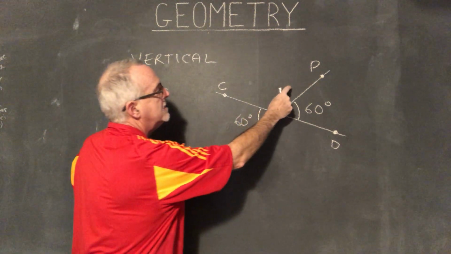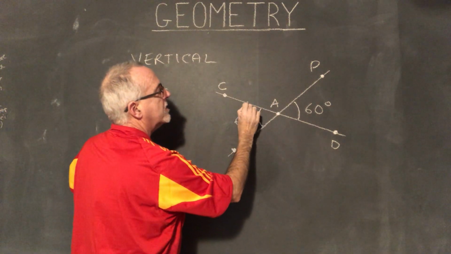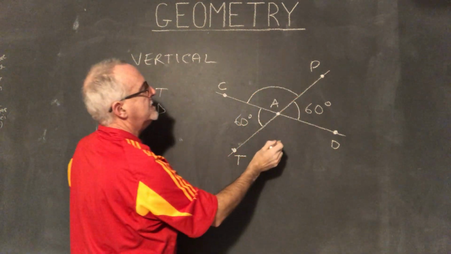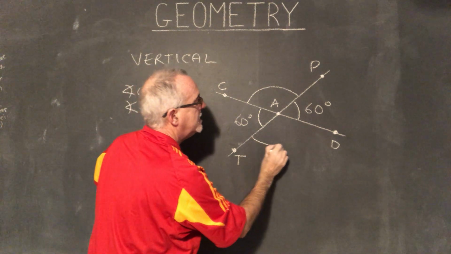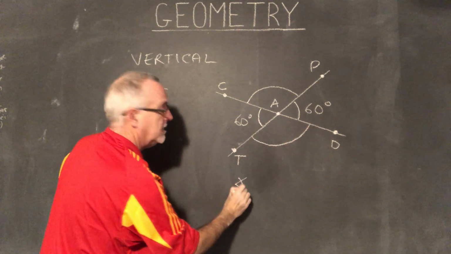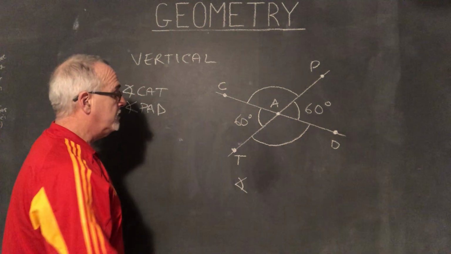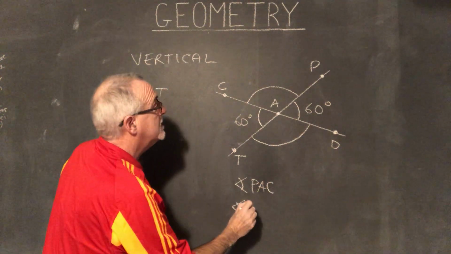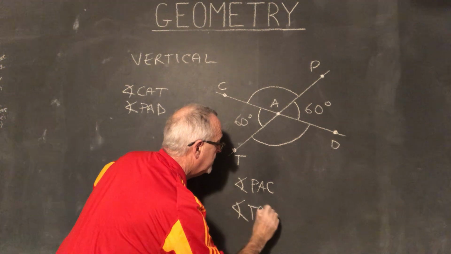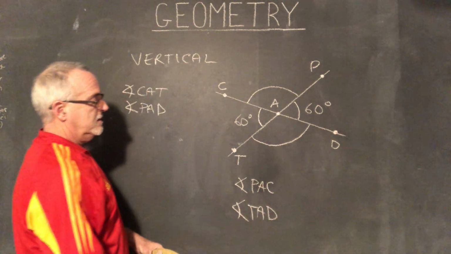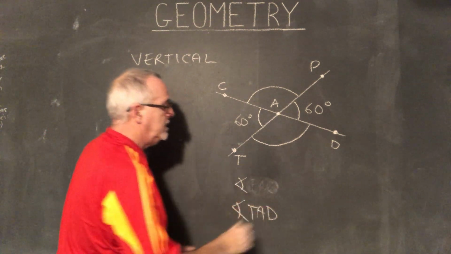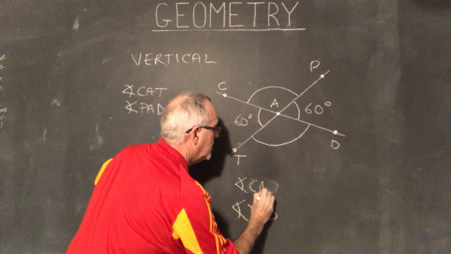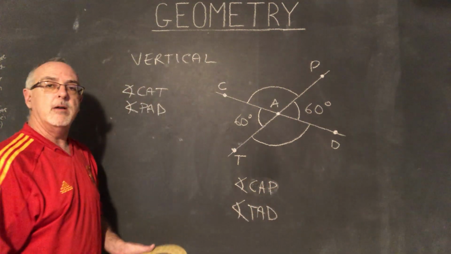There's also this one. I'll draw the arc bigger. PAC, and this one, TAD. Angle PAC and angle TAD. I'm changing this from PAC to CAP, just because I'm having fun making words.